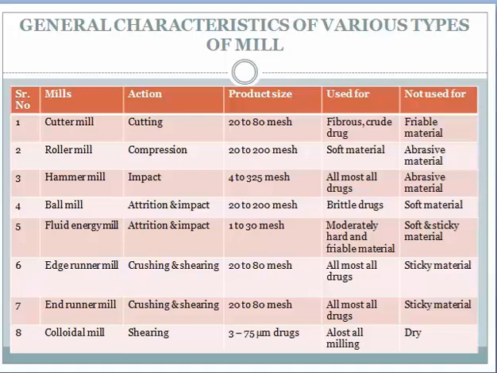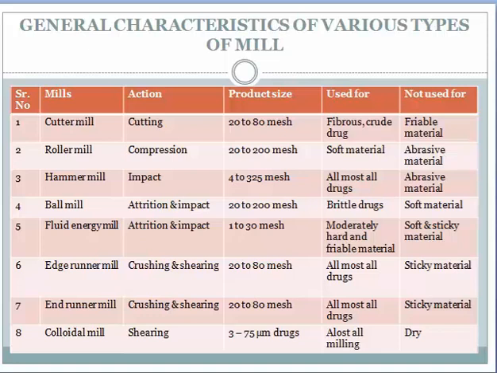In case of roller mill, it works on the principle of compression. It will produce a product size of 20 to 200 mesh. It is useful for soft material and it is not useful for abrasive material. In case of hammer mill, it works on the principle of impact, which will produce 4 to 325 mesh product size.